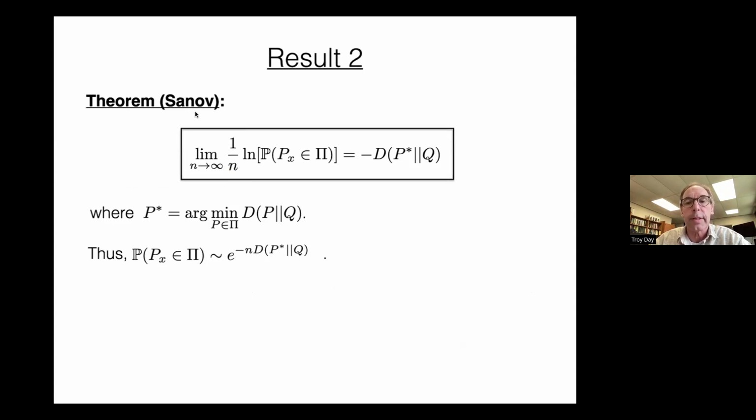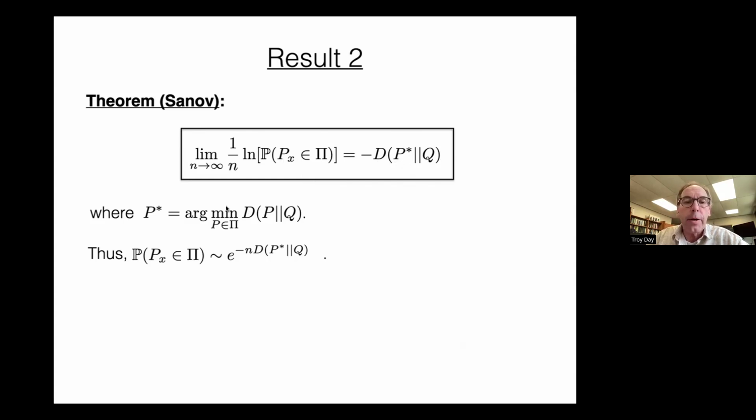It's sometimes known as Sanov's theorem. It's a result that looks pretty similar to what I showed you before. Here's that probability again. Now it's the probability this distribution lies in the subset of interest, and I've got this scaling limit here. Again, it's the distance between something that matters, and that something is P star.